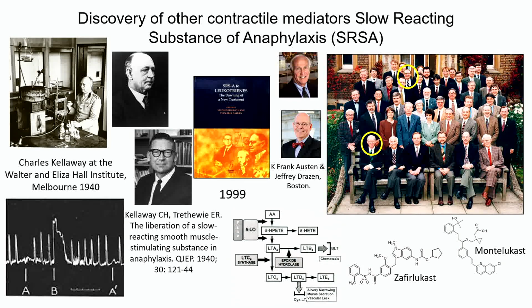But of course, it turned out that these were cysteinyl leukotrienes that were causing this slow-reacting problem in the airways, and of course drugs were developed, as you can see there, particularly montelukast, which is still used today, the oral drugs. And Jeffrey Drazen, particularly, and my good friend who's also passed away recently, Tak Lee, worked together to try and map out some of the pharmacology of these cysteinyl leukotrienes, which they did very effectively.